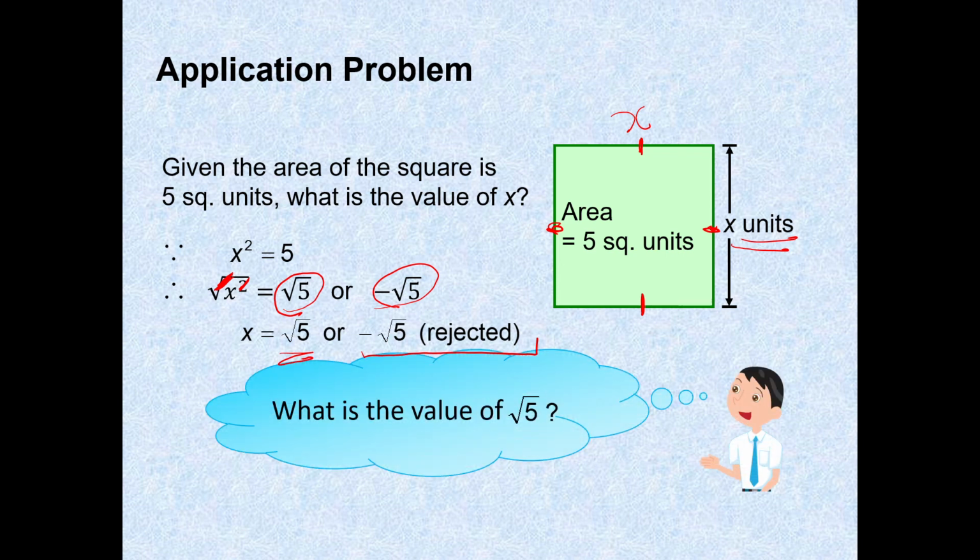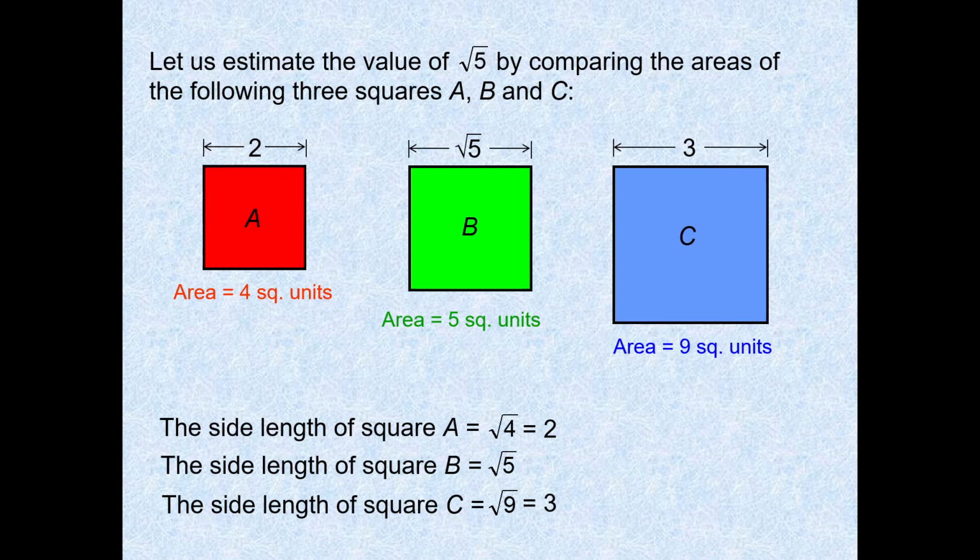Then you may ask me, can we estimate the value of the square root of 5? Of course, yes. We may estimate the value of the square root of 5 using the following three squares. There is a smaller square on the left where the area is 4 and the side is 2, and then there is another larger square on the right-hand side, where the area is 9 and the side is 3.